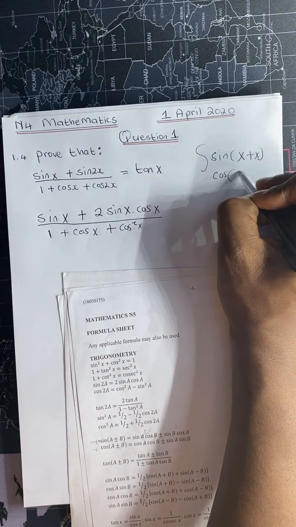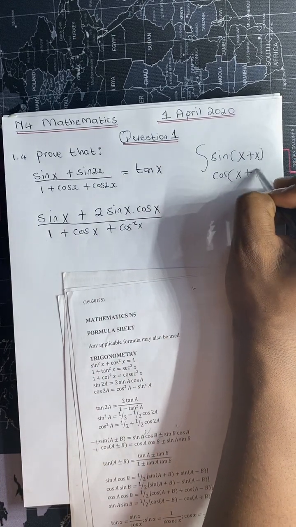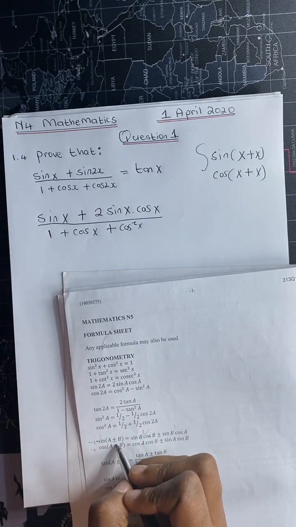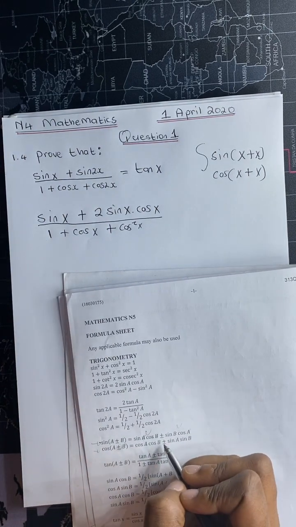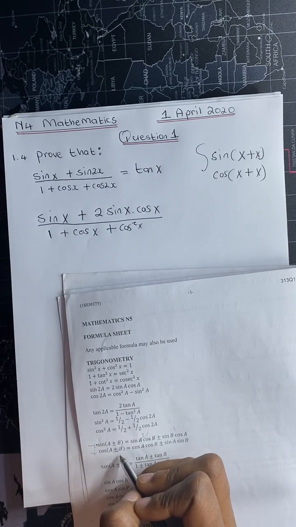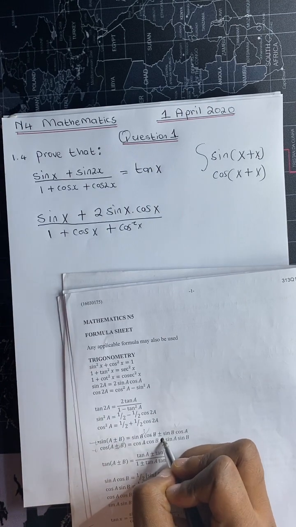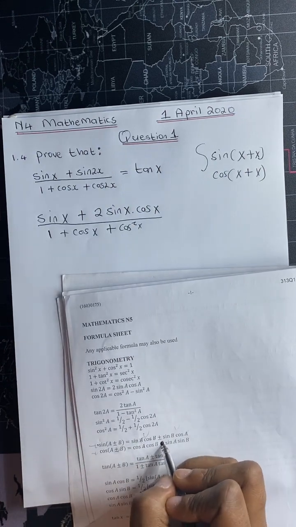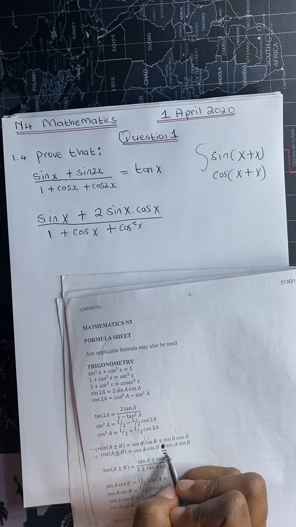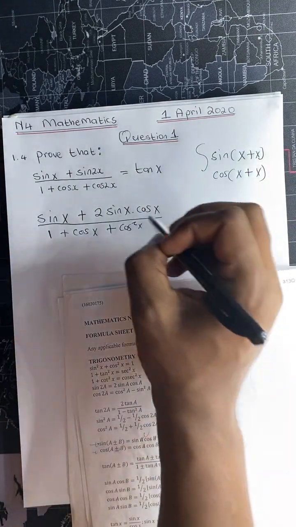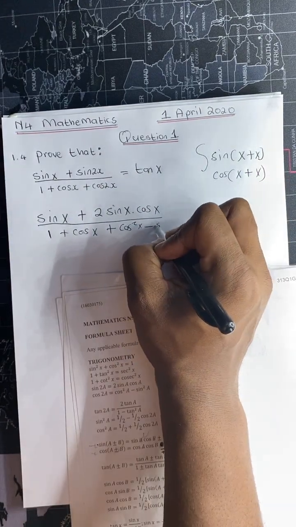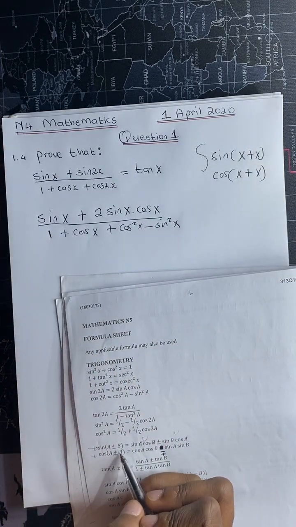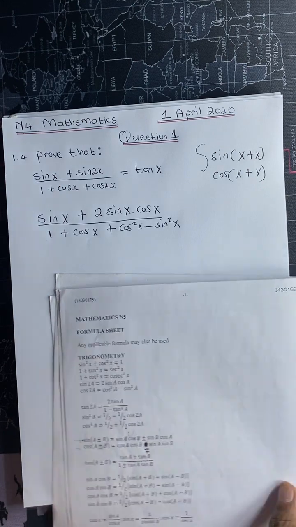So we'll have cos of x plus x, and from there, we had a plus, so on this formula this was supposed to be minus plus. So if you have a plus here, you'll have a minus that side. If you have a minus here, you'll have a plus that side. So this will be cos squared x minus sin squared x when you substitute a for x and b for x, and you use that formula.